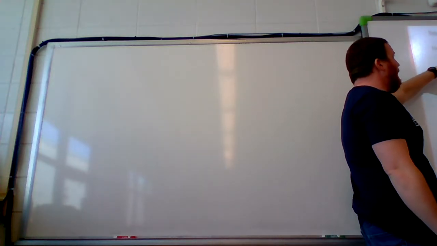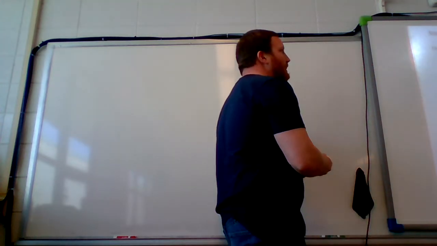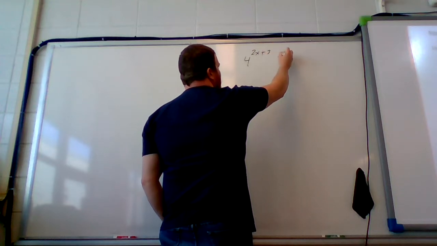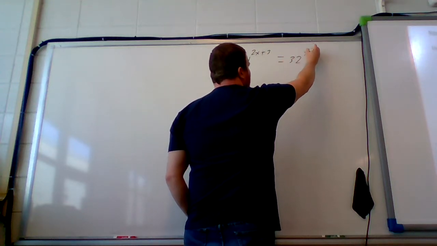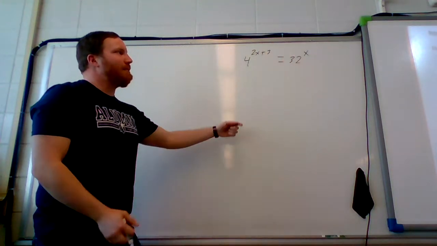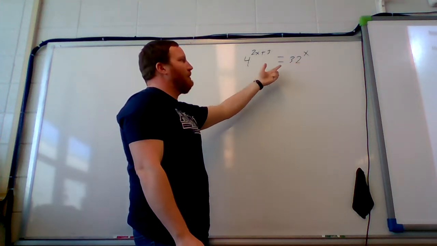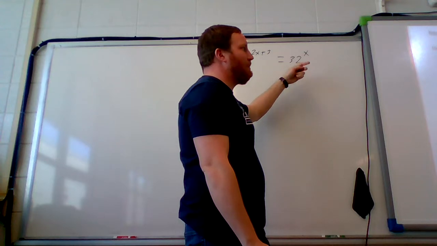Method one. We look at our equation. We've got 4 to the 2x plus 3 equals 32 to the x. What we want to do is change these to where they have the same base. We can take 4 and 32.